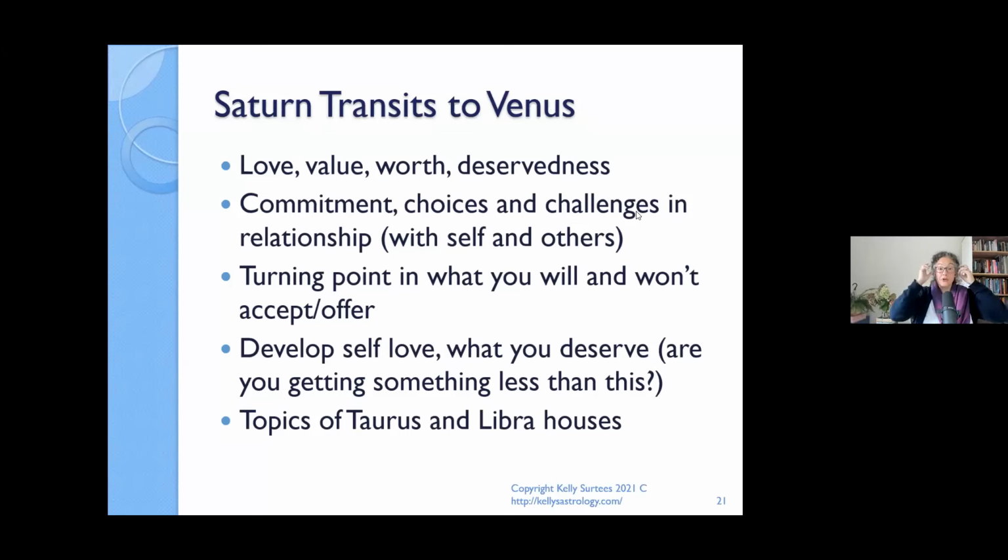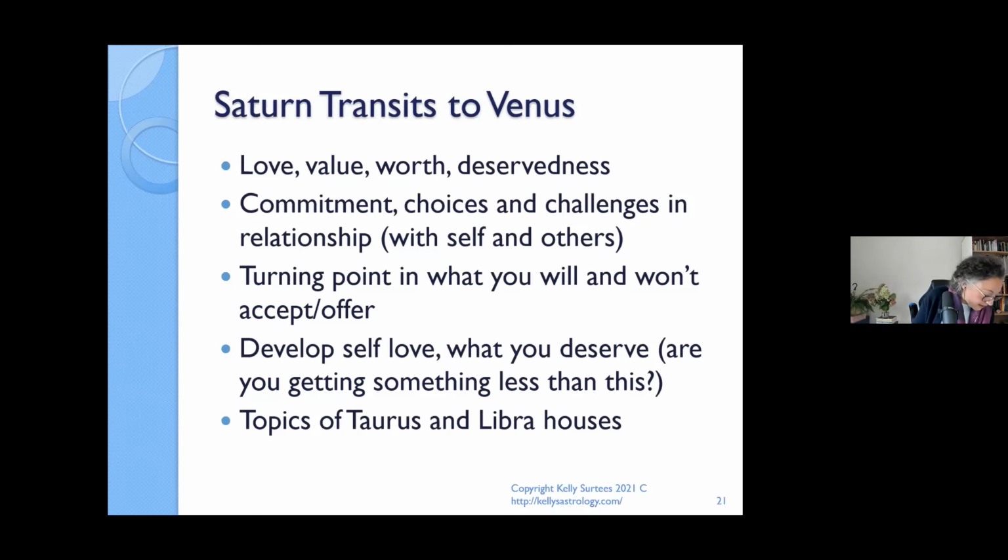And as I went through a Saturn Venus transit, one of my siblings went through a hugely horrible experience. It wasn't my horrible experience, but it was a thing they were dealing with that was difficult, that we were supporting them around. And so to be as specific as you can be, don't forget the topics of the Taurus and the Libra parts of your chart.